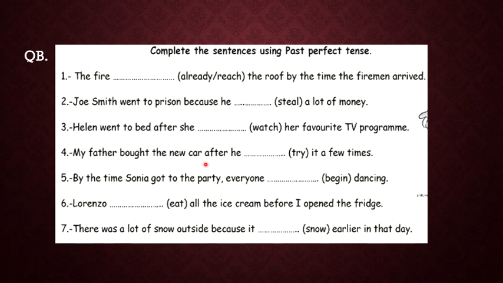My father bought the new car after he had tried it a few times. By the time Sonia got to the party, everyone had begun dancing. Lorenzo had eaten all the ice cream before I opened the fridge. There was a lot of snow outside because it had snowed.